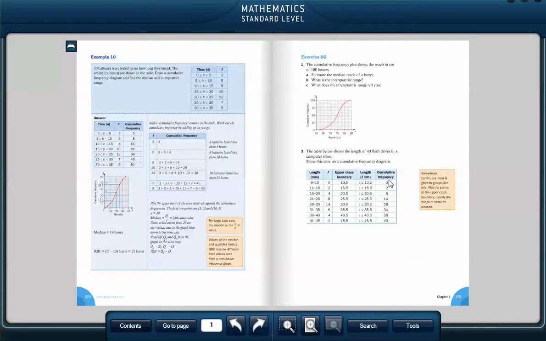Okay. So I'm going to ask you to do question 2 for me. Right. So page 273, question 2. I've got some graph paper, so you can do it. So have a look at the example if you need, otherwise just go from that table and draw your graph. Okay, happy with that? Okay, good.